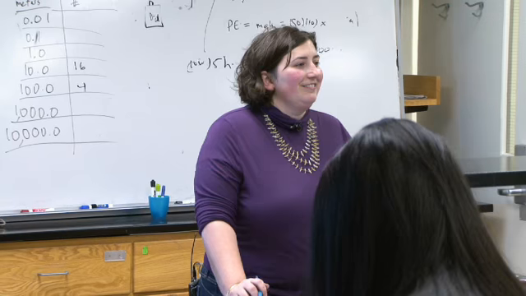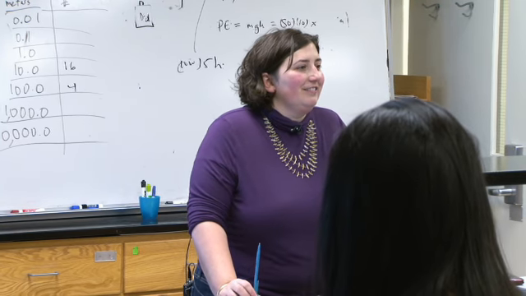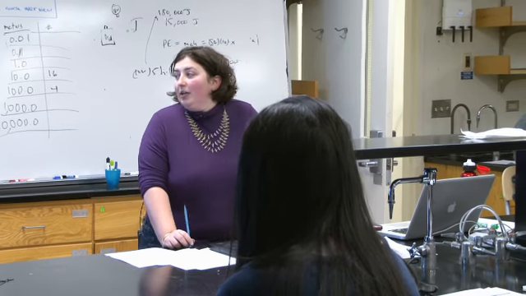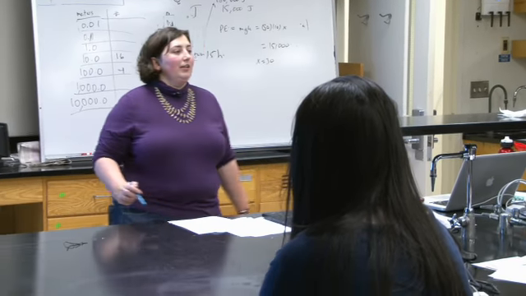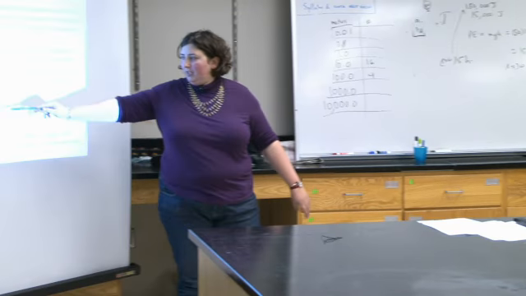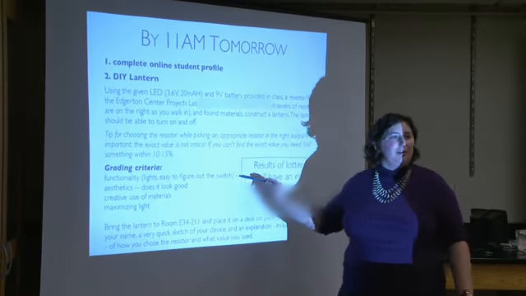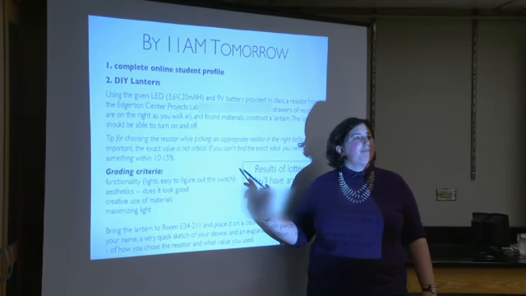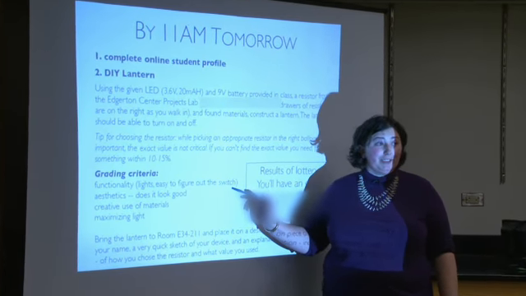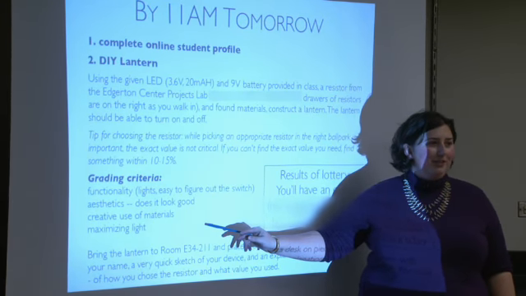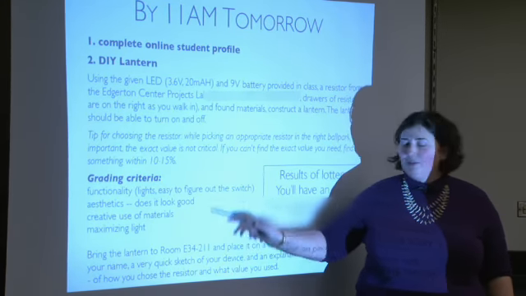Can we use other electronic components like a switch, or do we just get creative with those as well? So you have a design trade-off here. I want it to function, which might push you toward using a switch, and I want you to be creative, which might push you toward using something that isn't a traditional switch. And that's really your call.